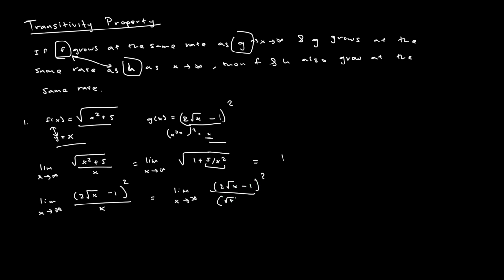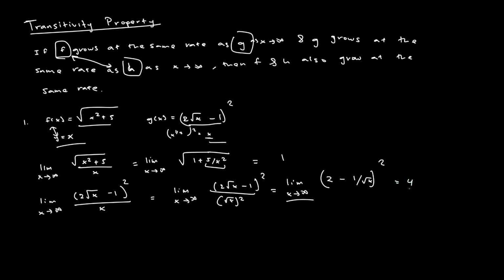And now I can just do the division in line. So that's becoming limit as x tends to infinity of 2 minus 1 over root x, squared. And now over here, 1 divided by the square root of infinity will tend towards 0. And so we're simply left with 2 minus 0, squared. And so our limit evaluates to 4.